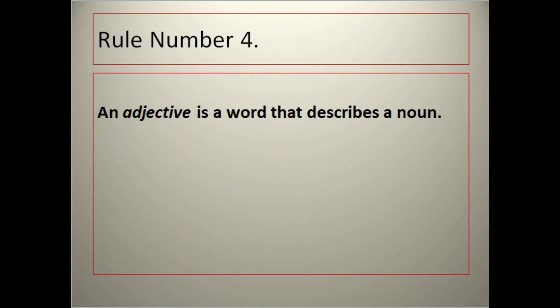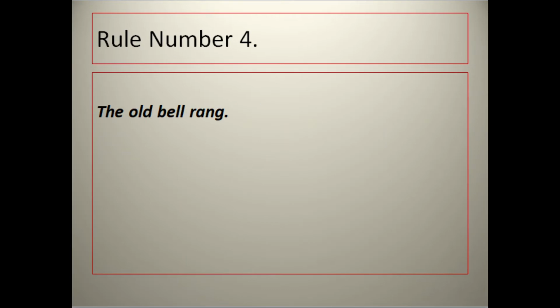Adjectives generally go directly before the noun they describe, but you can use a linking verb to write a whole sentence where the adjective describes the noun. Example, the old bell rang. When the adjective is in the subject part of the sentence, it goes directly before the noun. In this example, it includes both the noun bell and the adjective old, which describes it.